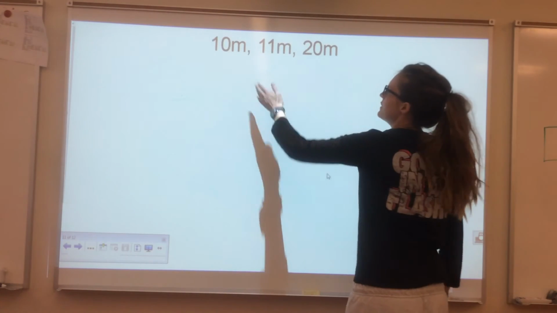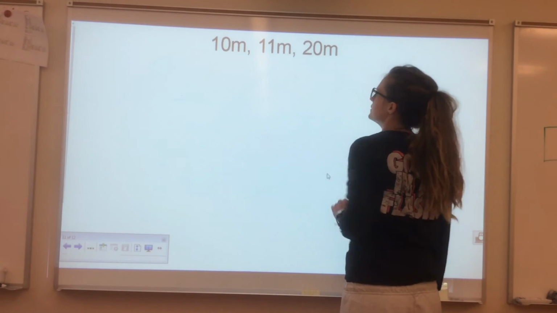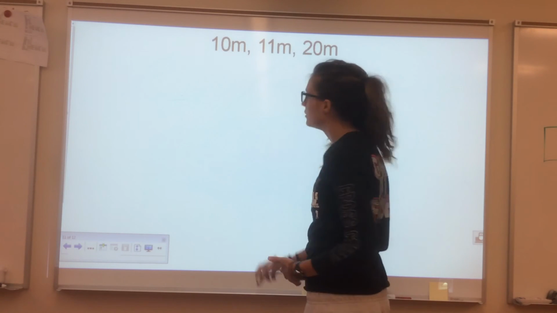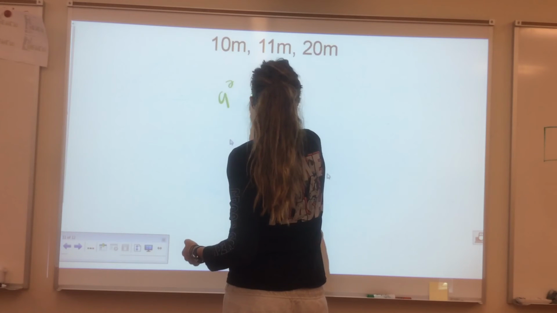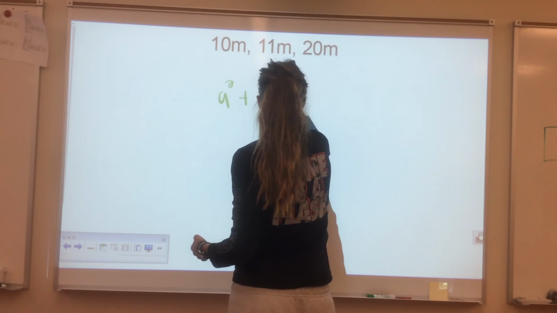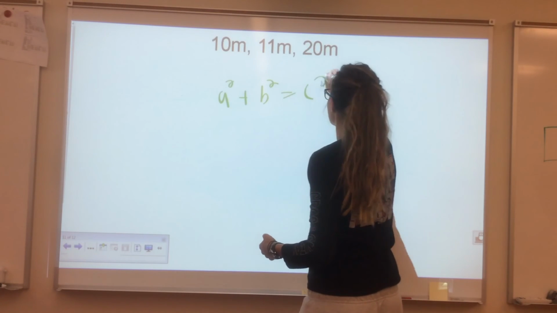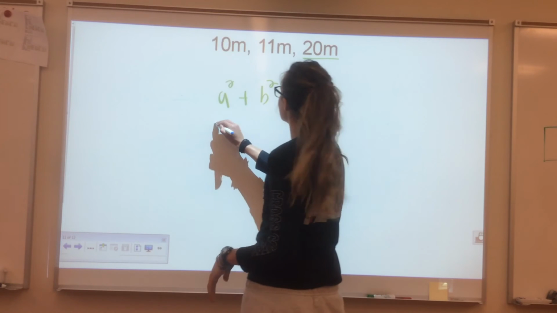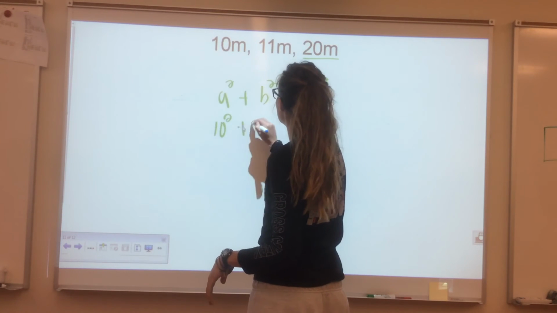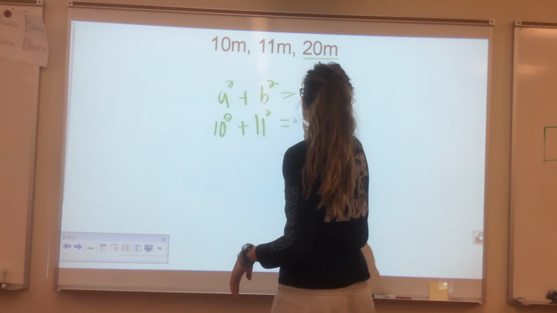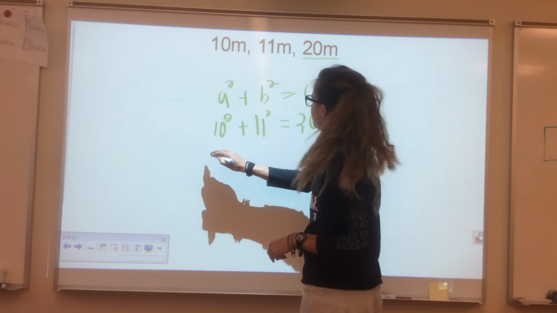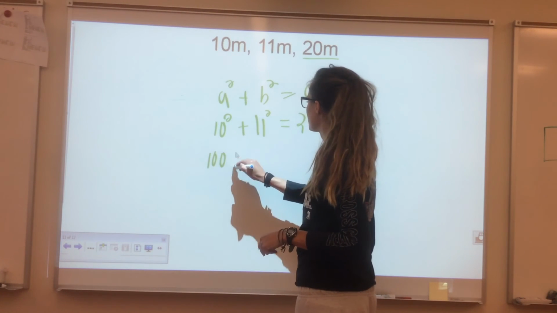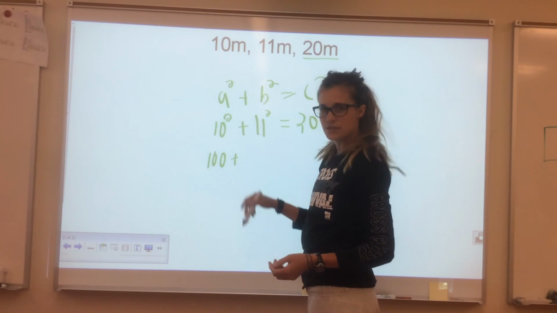Okay? Next, I have 10, 11, and 20. Okay, you don't actually have to draw a triangle, but know that this can be A, this will be a B, and this will be a C because it's the longest side. So 10 squared plus 11 squared equals 20 squared. I squared 10 times 10. 11 times 11, or 11 squared.